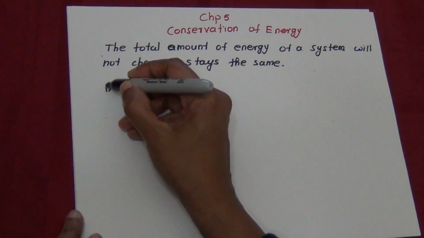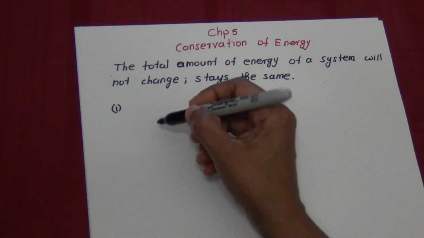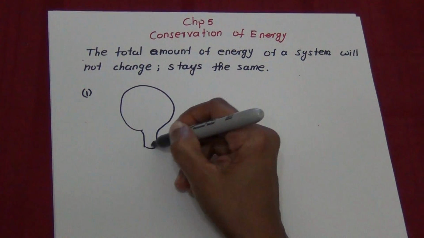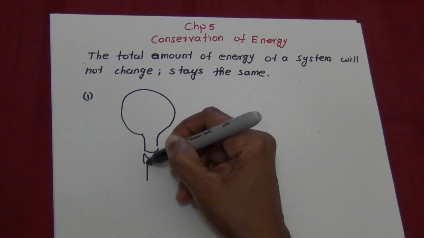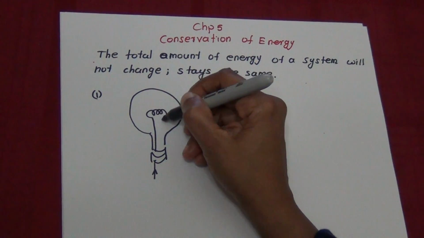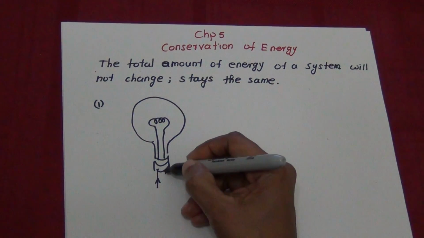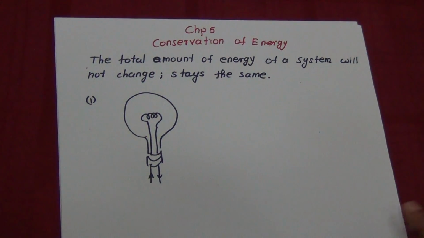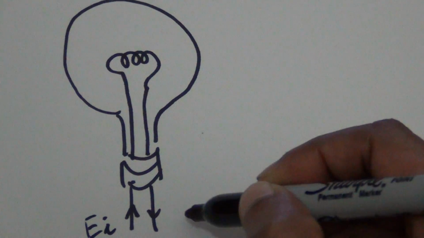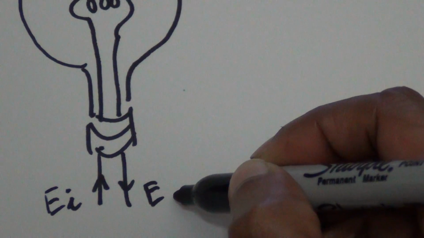The first one is, let's take a bulb, right? Electric current is passing through it, going through a filament and coming out. So let's take the energy input and the energy output.